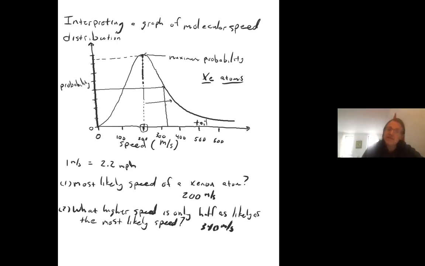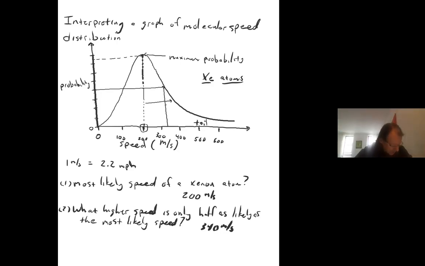Okay, so what that means is if you were to pick a xenon atom out of that container, the chances that it's moving 340 meters per second is around half as the chances are if you picked one out that it would be moving at 200 meters per second. So more are moving at 200, fewer are moving at 340, okay?